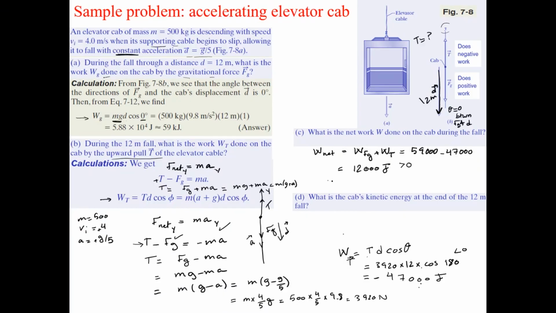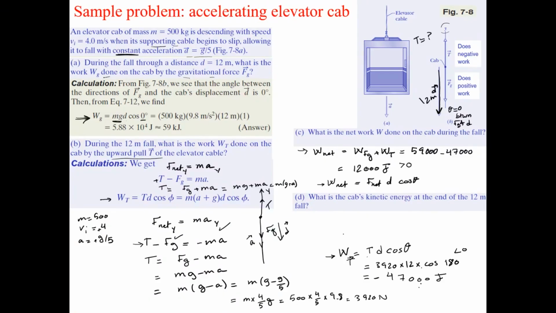By the way, another way to find W net is to find F net, multiply that by D and cosine theta. But in the previous parts, we already found W by T and W by gravity. So it's easier to just sum these up and use this method. We can use the other method as well. But if in the previous part we studied F net, then yeah, that would be a good idea.